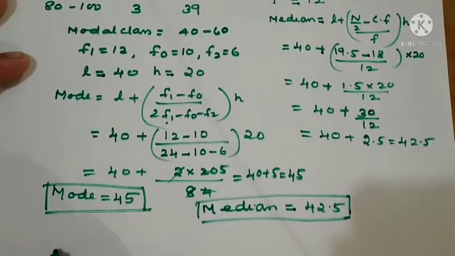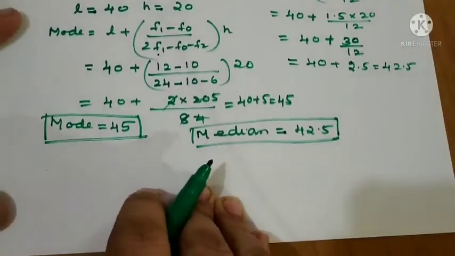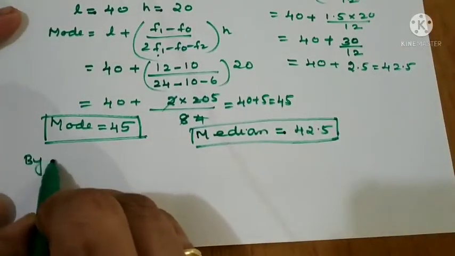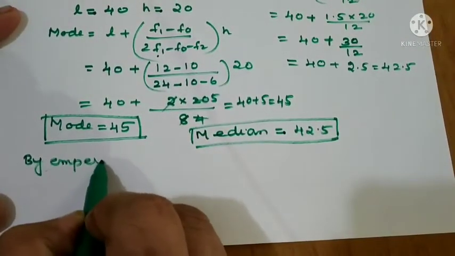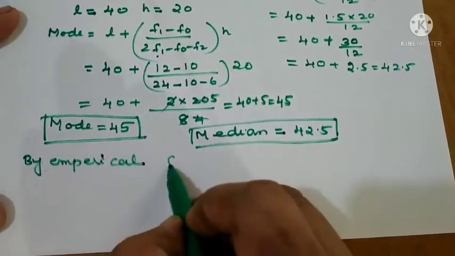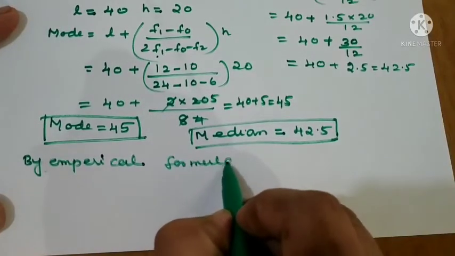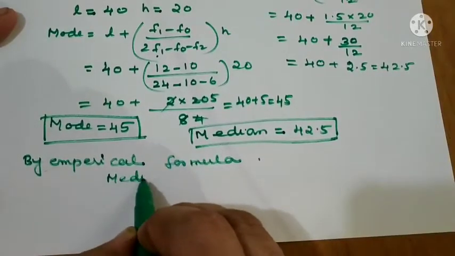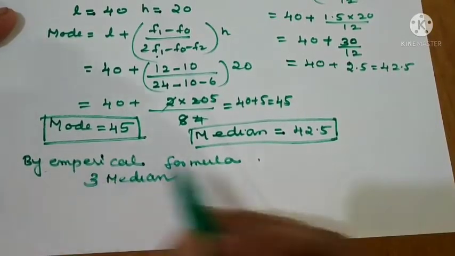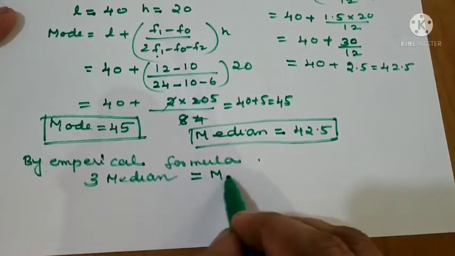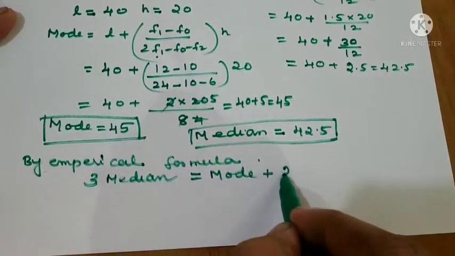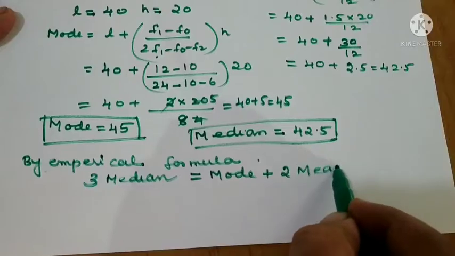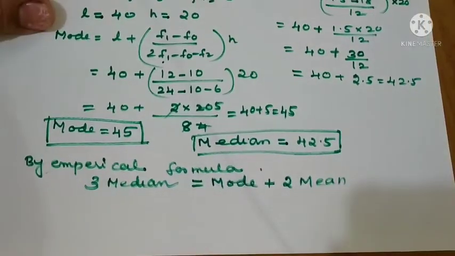Next, 3 median. What is our empirical relation? 3 median equal to mode plus 2 mean. So actually mean we have not calculated here.